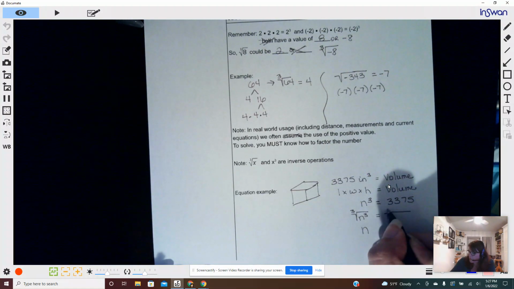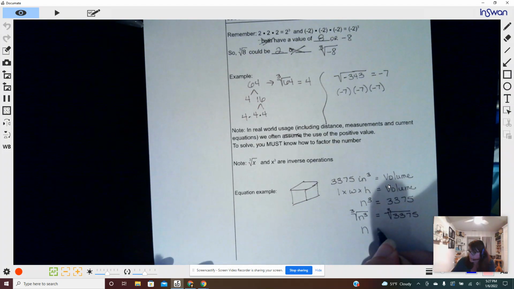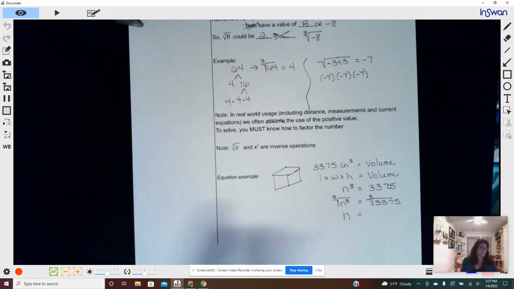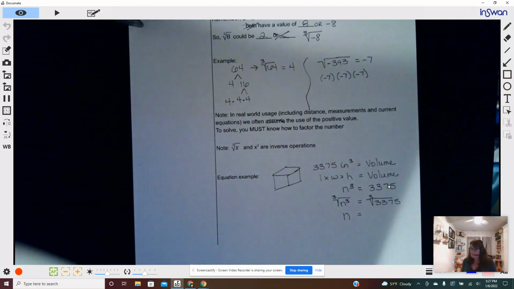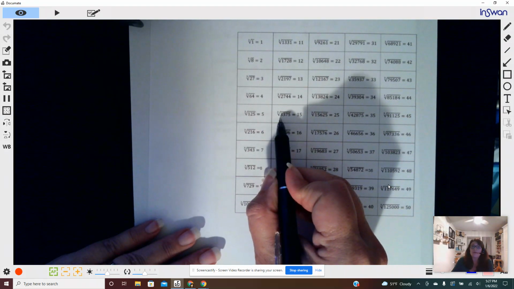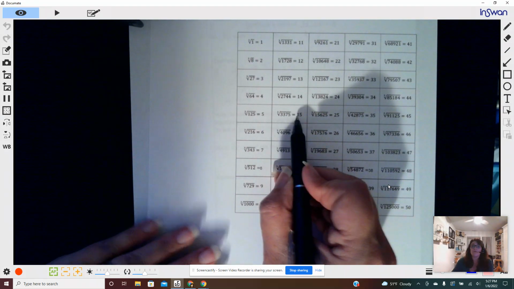If I find the cube root of 3,375, well, how could I find that? With the reference tool you've been given. 3,375.